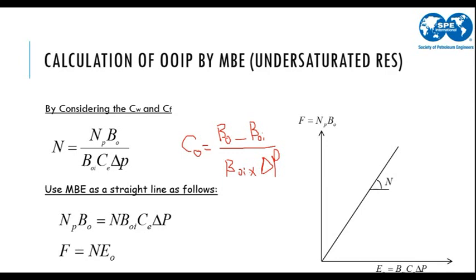In the Co equation, delta P is the current pressure minus Pi, the initial pressure. Again, in the oil compressibility equation, the delta P term is for the current pressure P minus P initial.